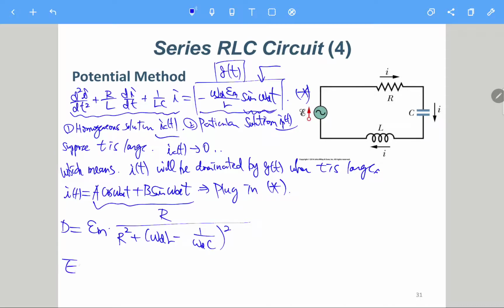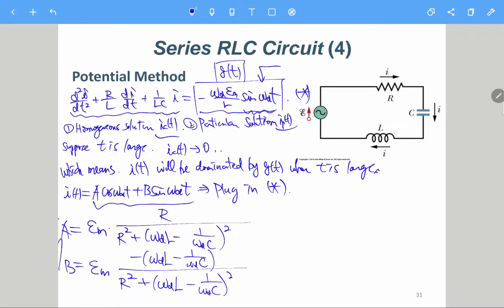And A and B should be here. So actually you can just solve A and B to be like this: Em times minus omega d L minus 1 over omega d c, over R squared plus omega d L minus 1 over omega d c squared.